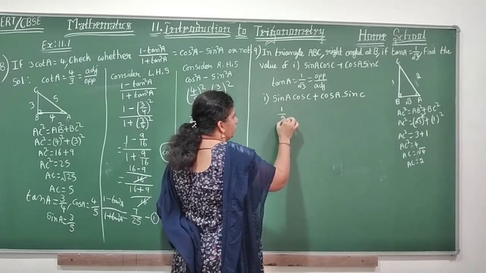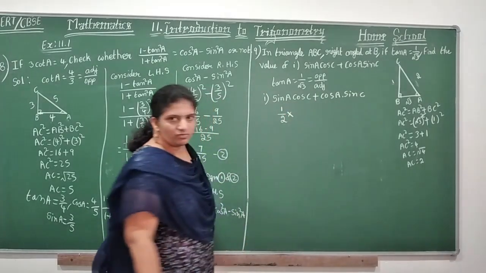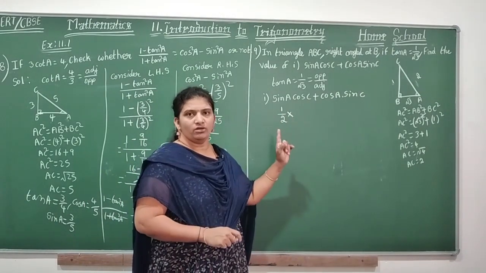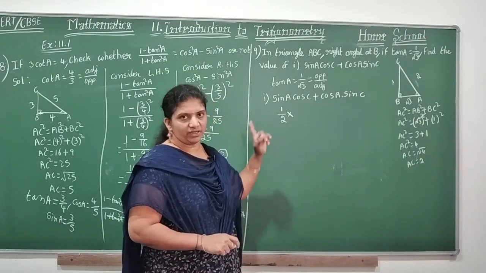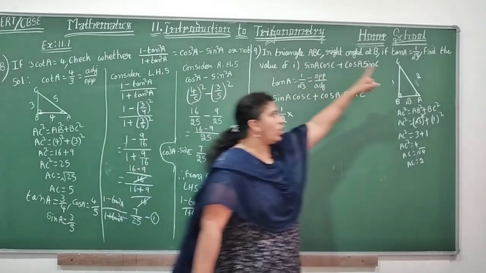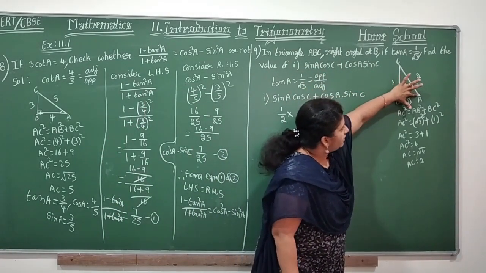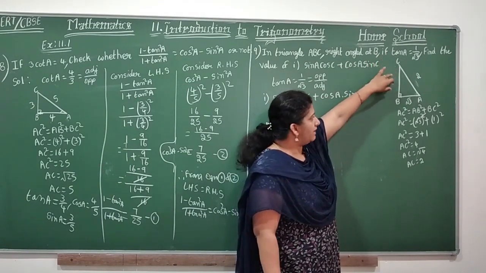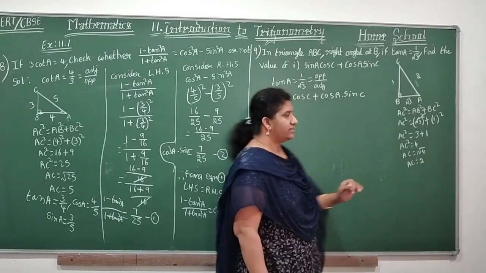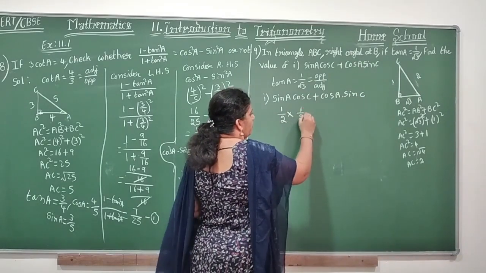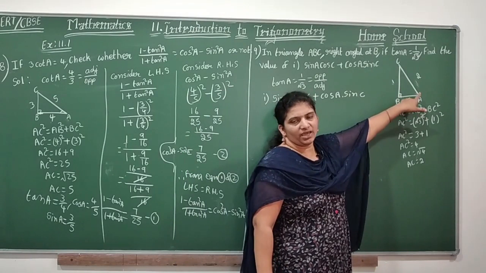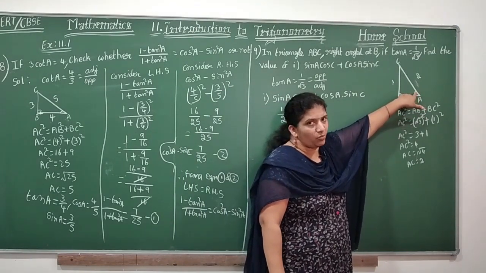1 by 2 into cos C. Directly you should say now. Almost basics we have completed. Directly you try to say now. Cos C, your angle is here. Cos means adjacent by hypotenuse. That will be 1 by 2 plus cos A. Again your acute angle is here now.